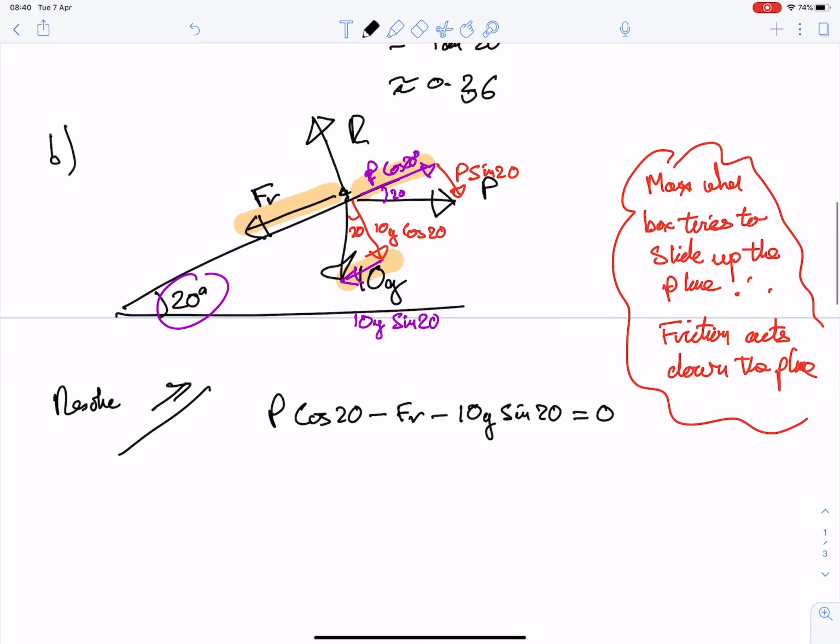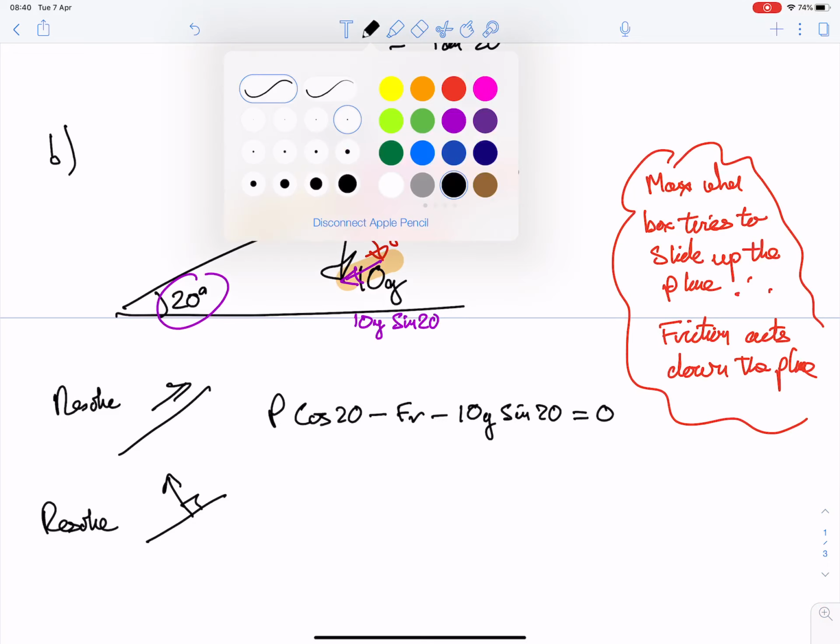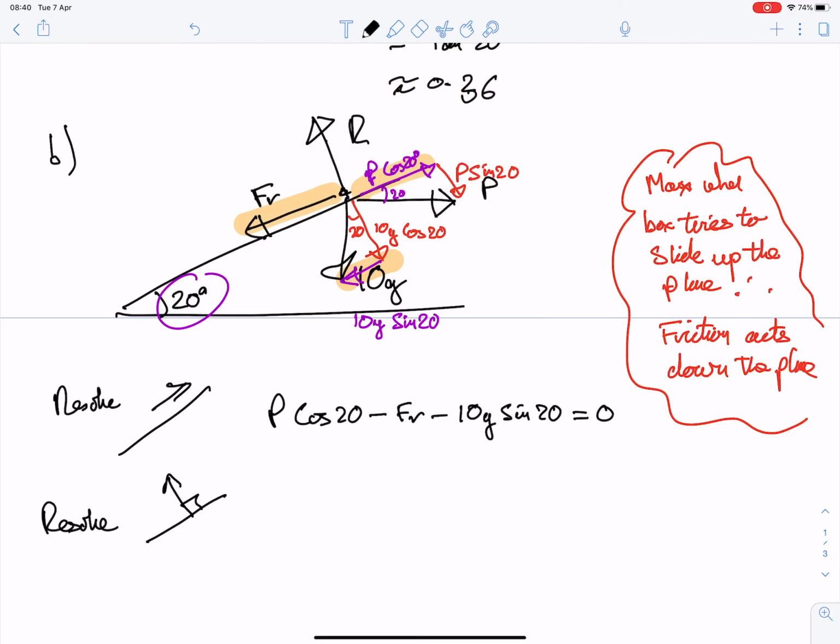Okay, now we can look perpendicular to the plane. Resolve perpendicular to the plane. What have we got perpendicular to the plane? So we need to look up here. We've got R, we've got 10g cos 20, and we've got this P sine 20 over here.